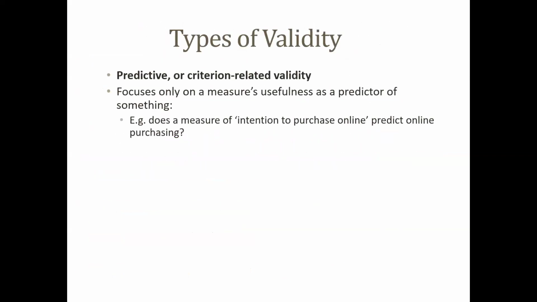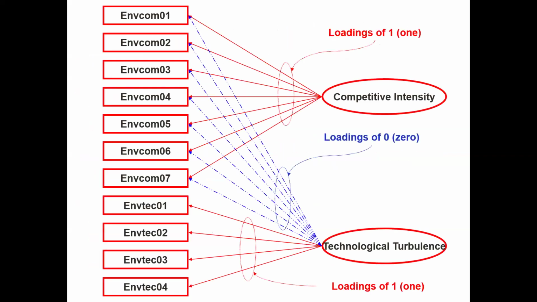Let me take you back to, so this is what the software will try to do. It doesn't know you are calling this group of items indicators for competitive intensity. Neither does it know that this group of items here are used to measure technological turbulence.